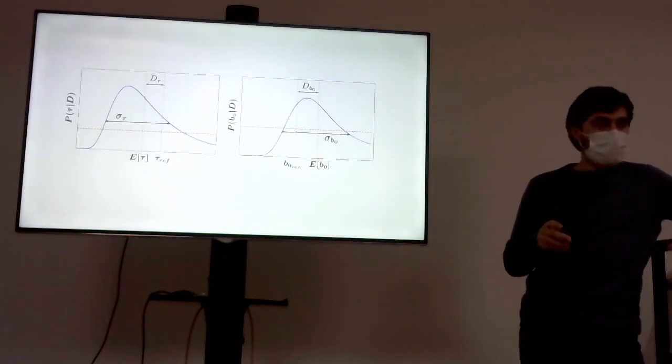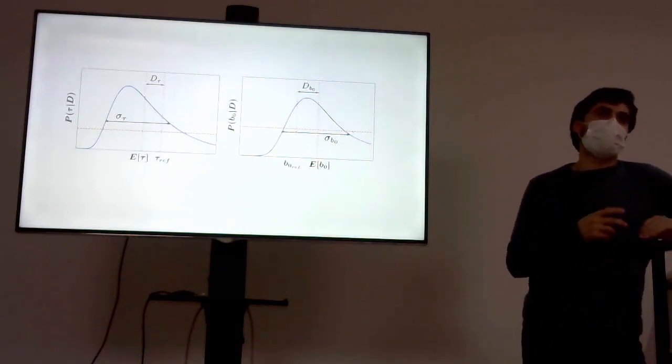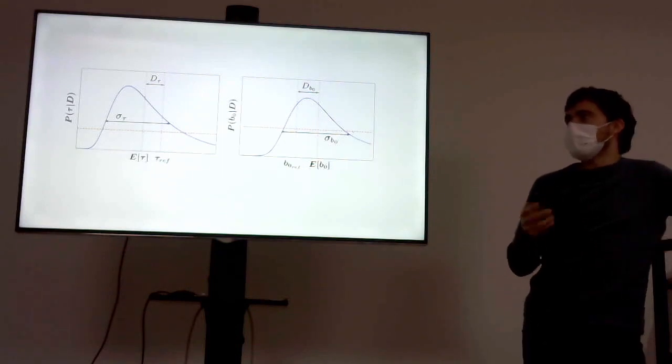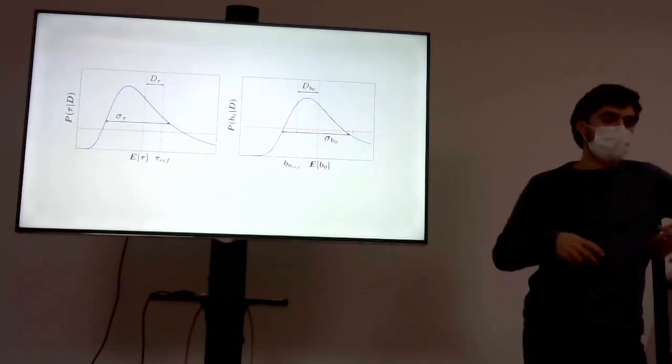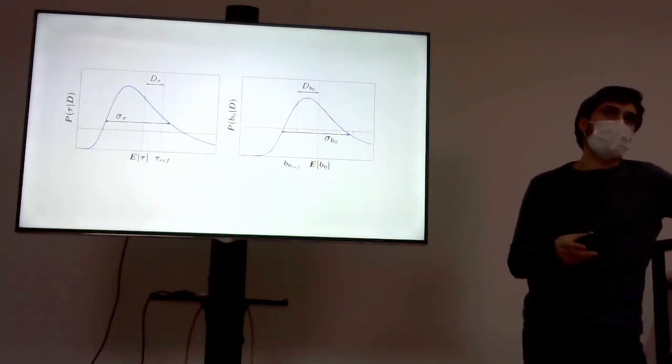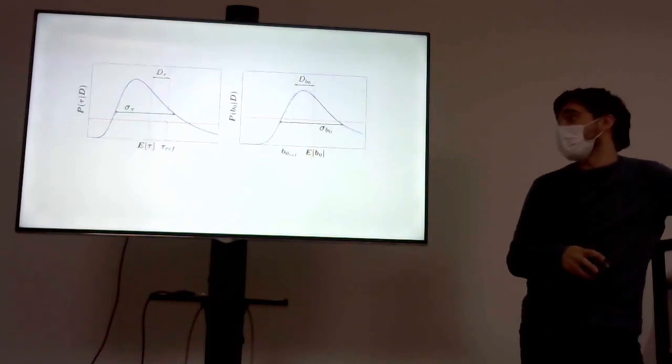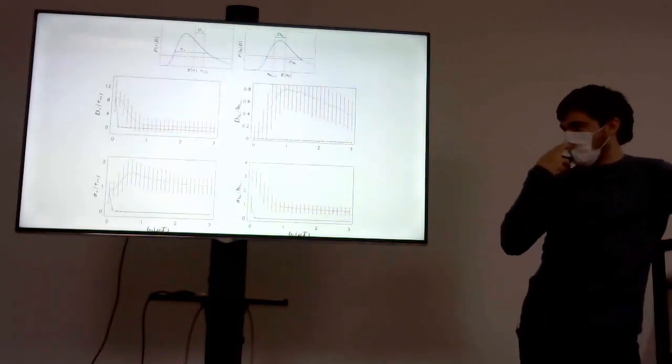For both quantities, the closer they are to zero, the better. We simulated the same process many times, applied Bayes' rule for all of them, and those are the results we obtained.